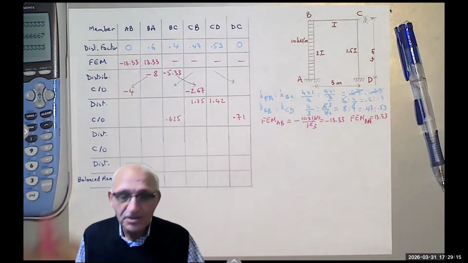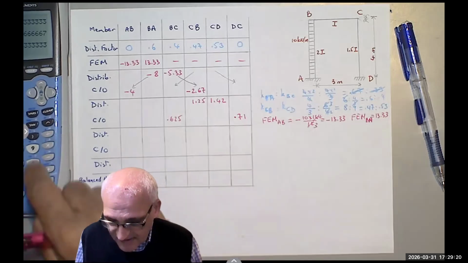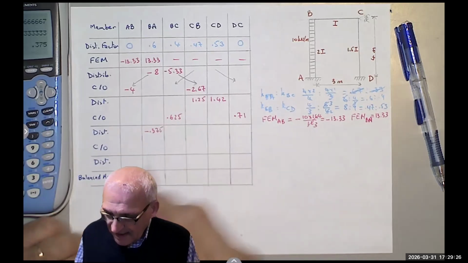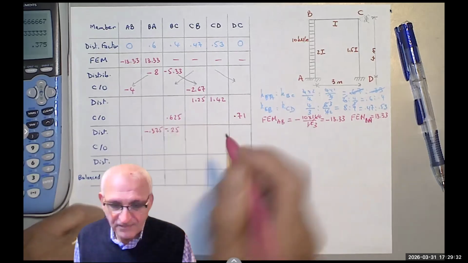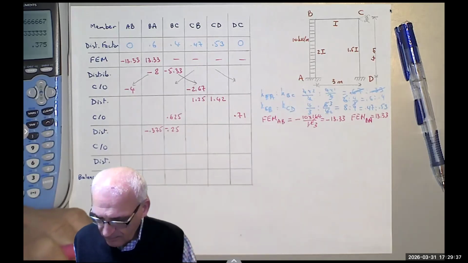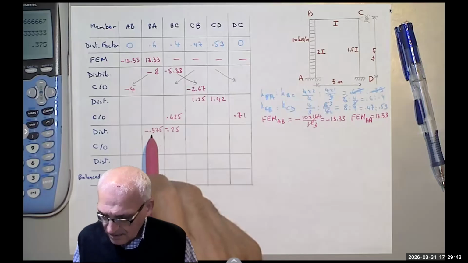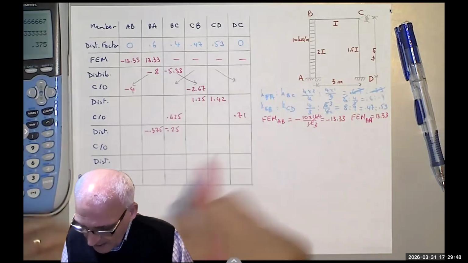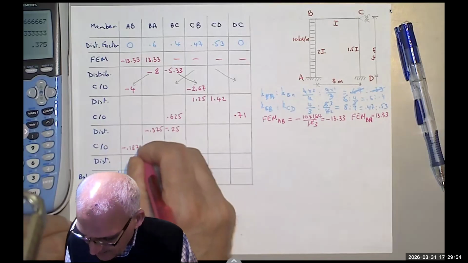Let's do another distribution. So this is 0.625 times 0.6 in negative. That would be negative 0.375. And if I subtract this from that, I will get what? 0.25, negative 0.25, right? So this will give me negative 0.1875.